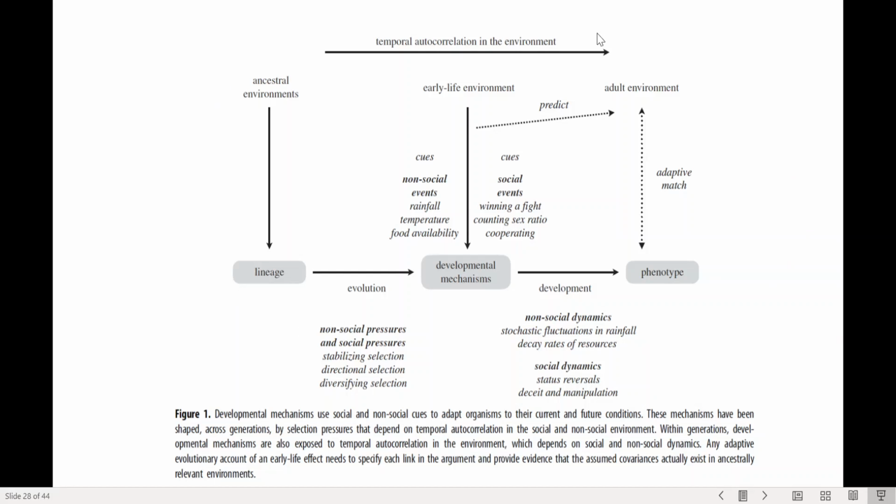So this is the basic idea of how life history processes play out over the lifetime of an individual, and how it can happen that even though individuals made a specific forecast early on in their life, sometimes their reactions or their behavioral predispositions become maladaptive later on in life during adulthood if the environment is changing.